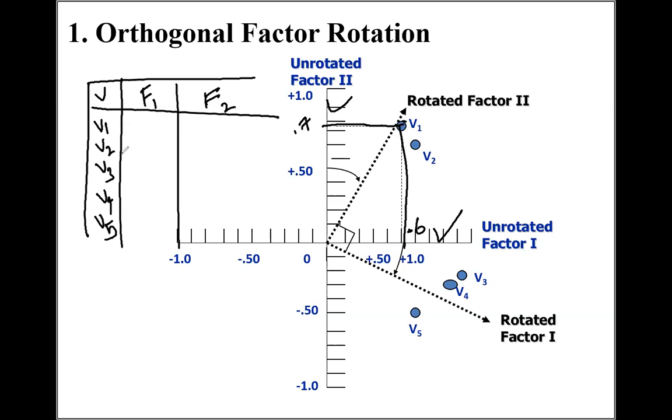Now the question is, if this variable v1 is highly related here 0.6 and has high factor loading here, we cannot decide whether this particular v1 item will come under this factor or this factor. When the factor loading is high across the factors, it is known as cross loading.